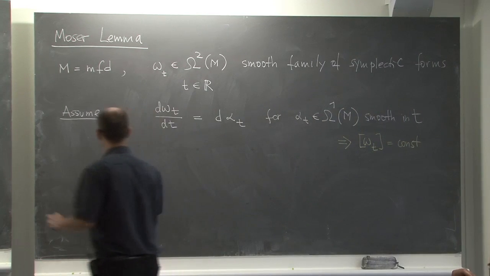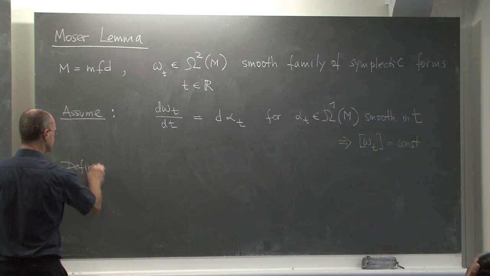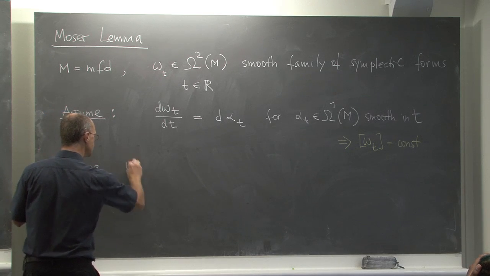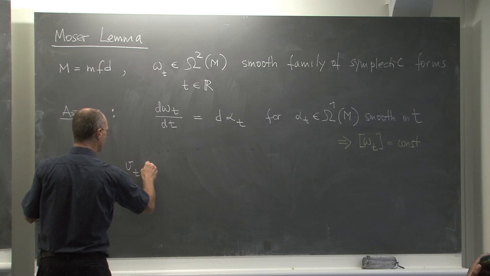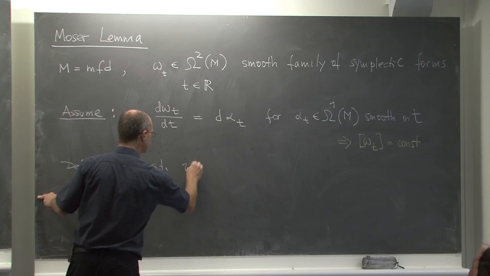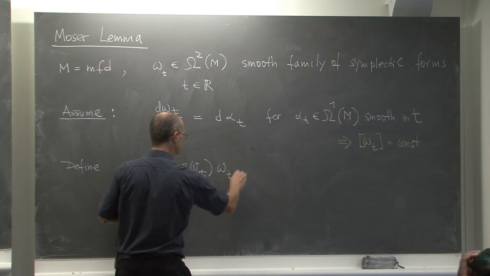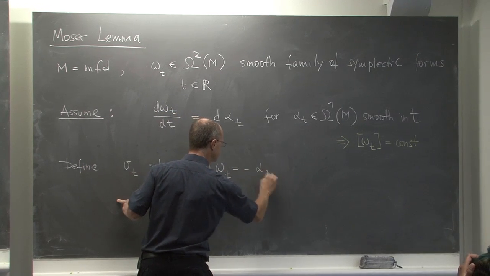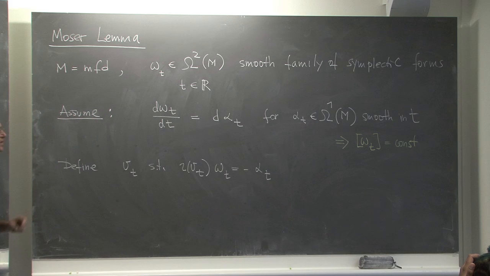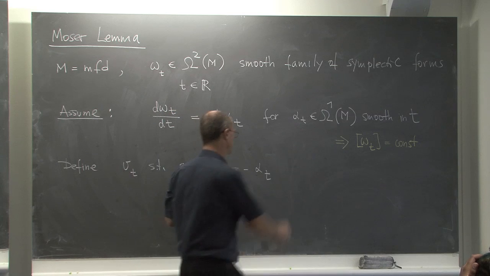So then we can define a smooth family of vector fields such that, for some reason one needs to change a sign, the contractions with the corresponding two forms give those primitives alpha t.